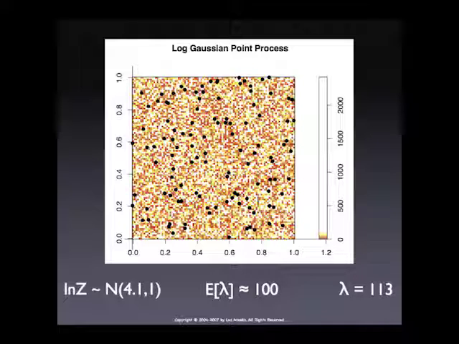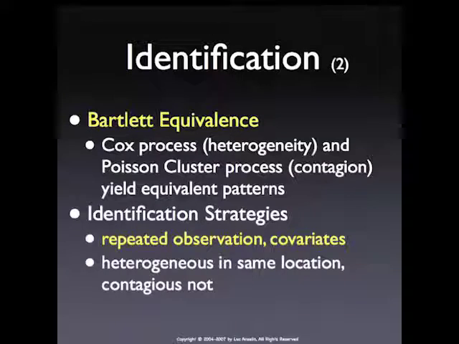It's heterogeneity. And the famous classic result is the so-called Bartlett equivalence. I will spare you the mathematical details. But basically what he did is prove how a Cox process, which is this heterogeneous process we just saw, and a Poisson cluster process, which is a contagious process, can give you exactly the same patterns.